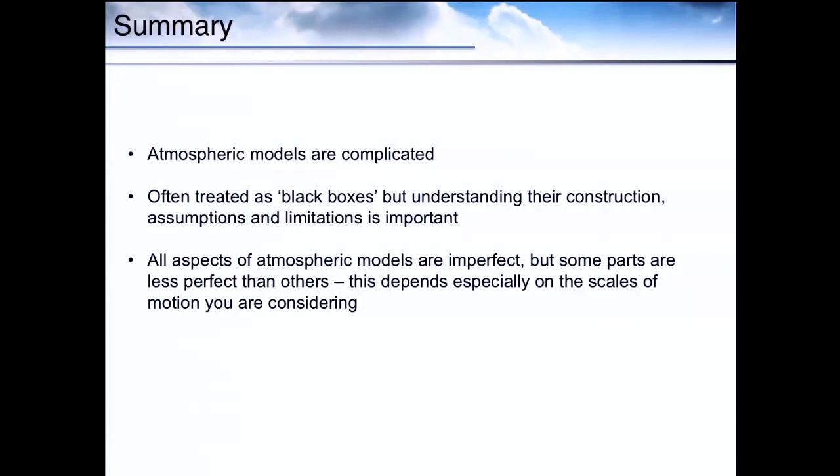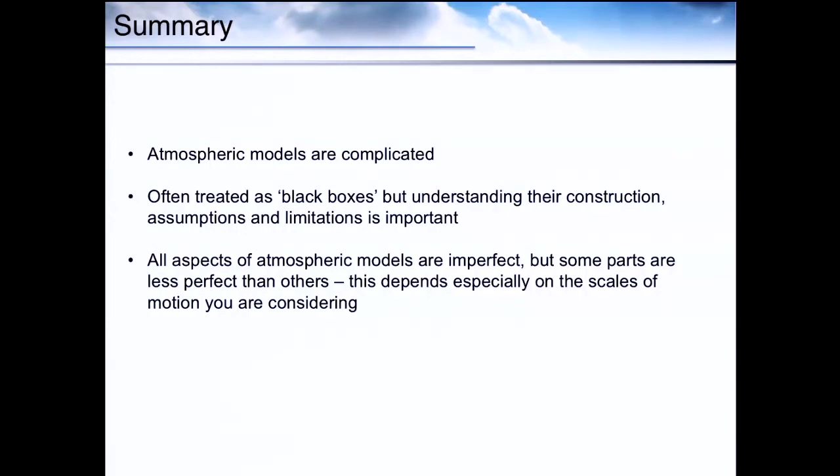So you don't necessarily need to know the nuances of the code, how the model is parallelized, all those sorts of things. But you should understand their construction, how they're built, the assumptions that are made to build them, and what their limitations are. Because it's really dangerous using a black box that you don't understand its limitations.